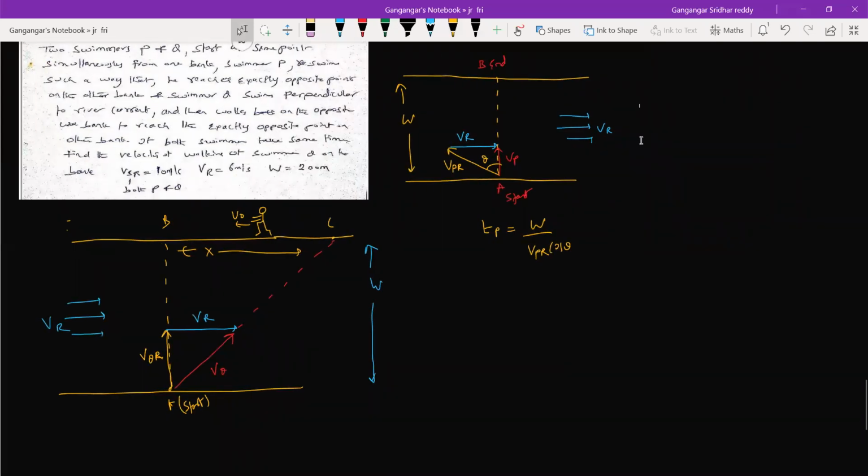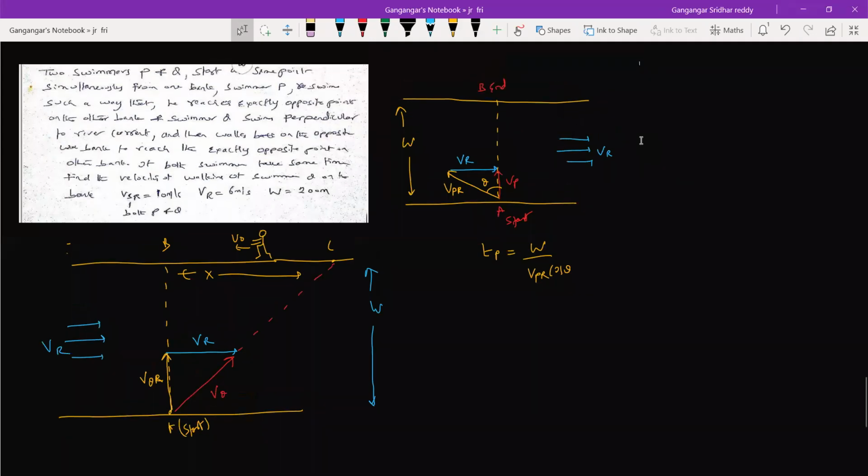I'm bringing the diagram and also the question. Just view it once. I brought all the situation in one place. Just see things clearly. This is swimmer P, swimmer Q.